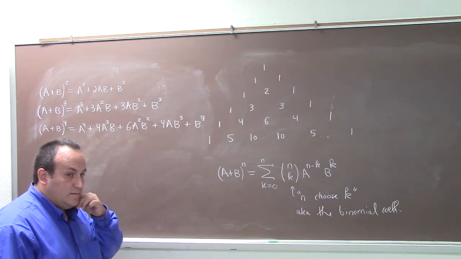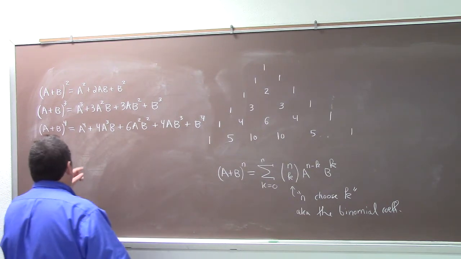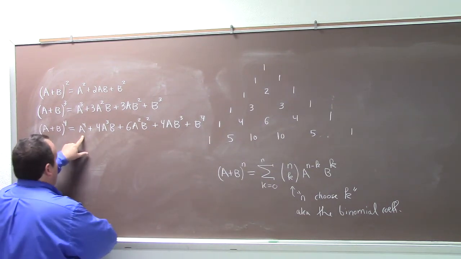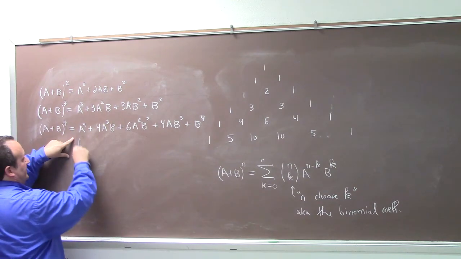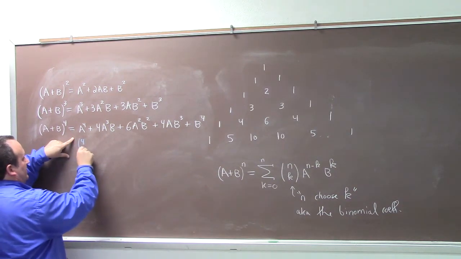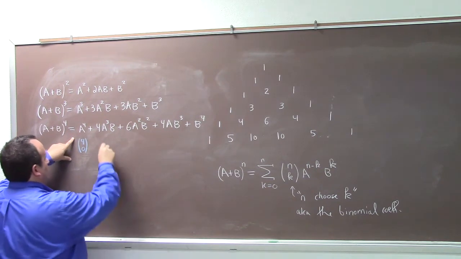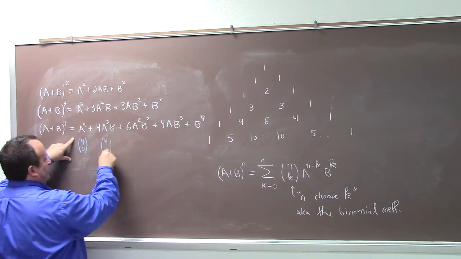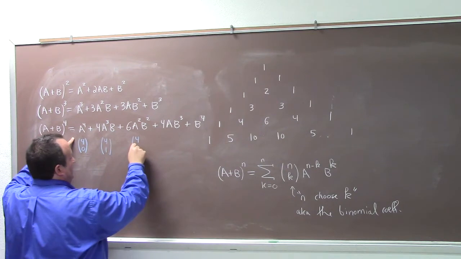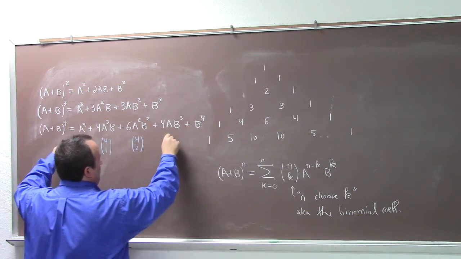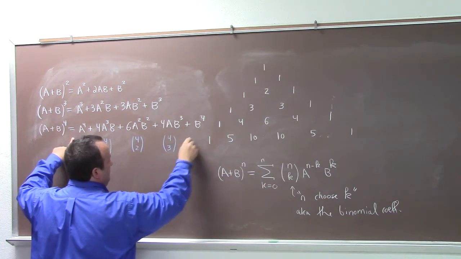So like here, you're multiplying this by, how many ways? 4 choose 0. Here you're looking at 4 choose 1 as your coefficient. 4 choose 2 as your coefficient. 4 choose 3 is your coefficient, and 4 choose 4.